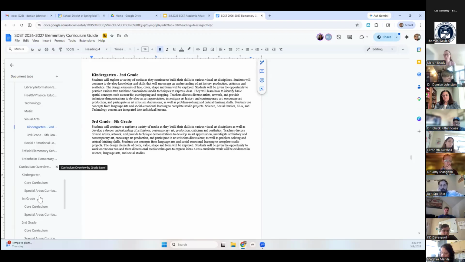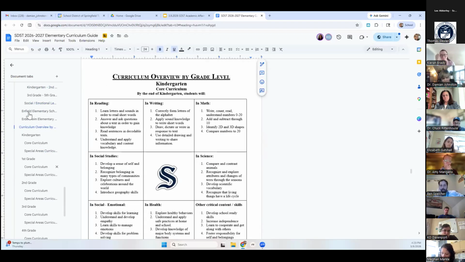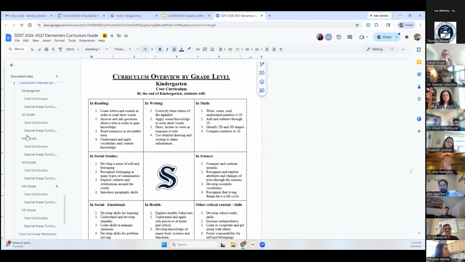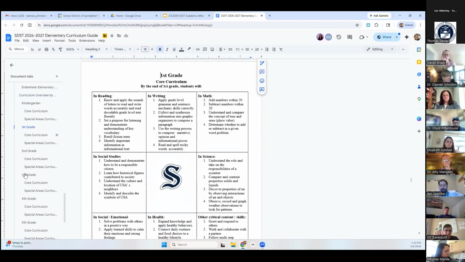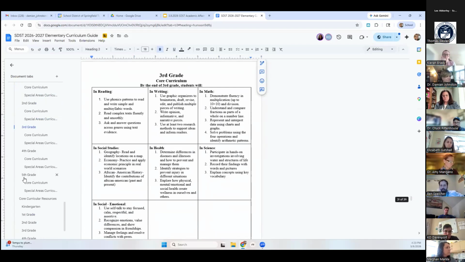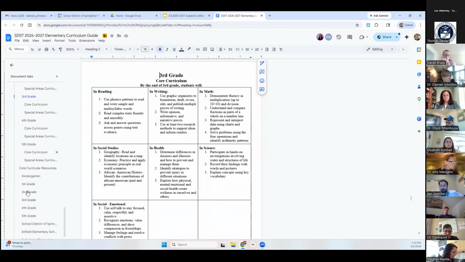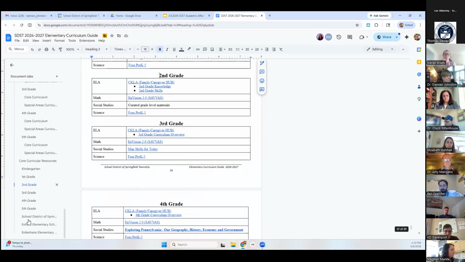Hopefully it's helpful to parents and community members, but I think it can also be helpful to us to make sure that at minimum every year we're taking the time to step back and really say, does this still capture how our buildings actually are running, what students are experiencing, and what parents can expect for their child in any of our grades, K to 5.